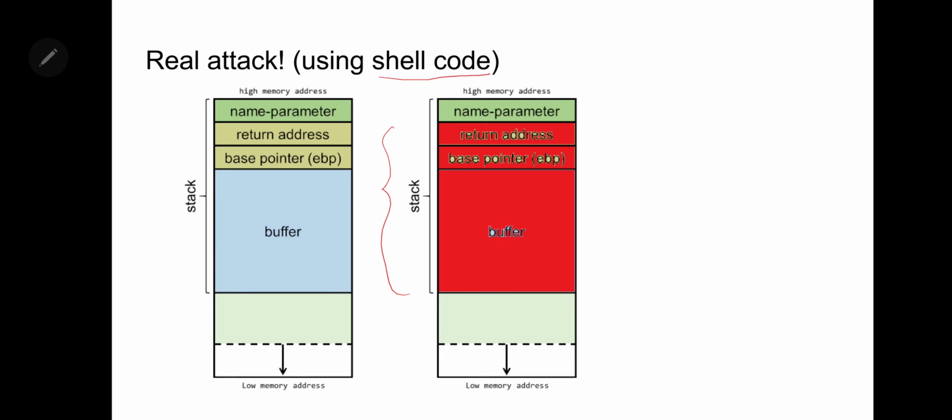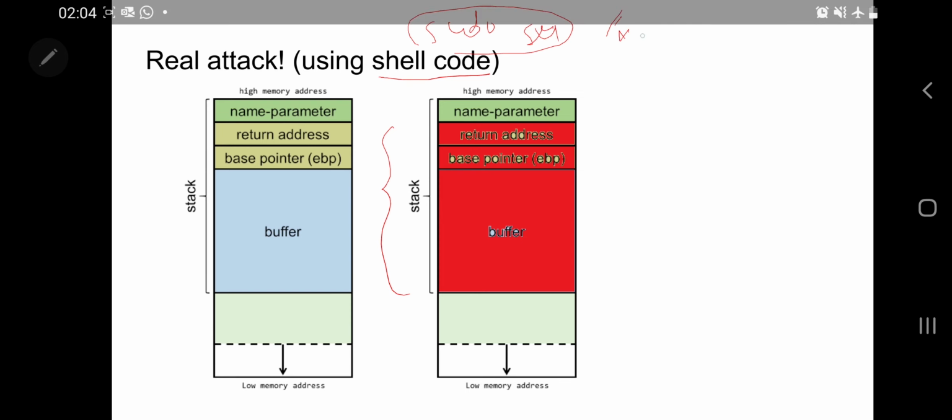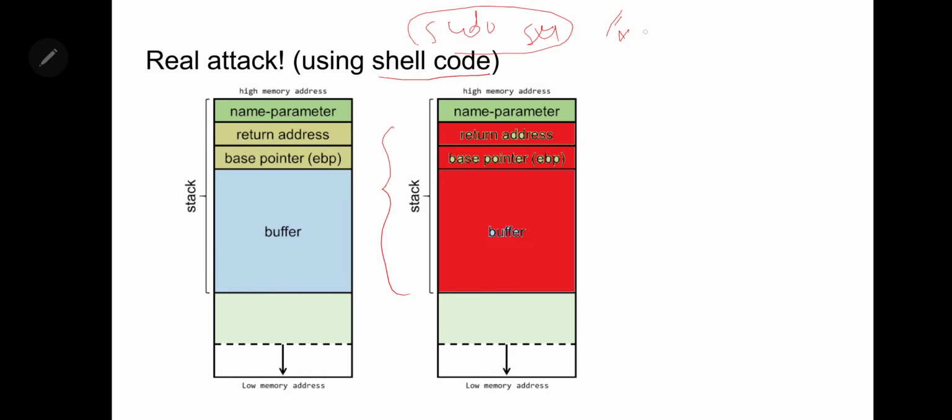Shellcode is a bunch of hexadecimal characters created to do certain specific tasks. For example, if you want to run a sudo command, let's say sudo su, there is a shellcode which looks like a bunch of hex characters, maybe 40 or 45, it really depends upon the length of the shellcode.